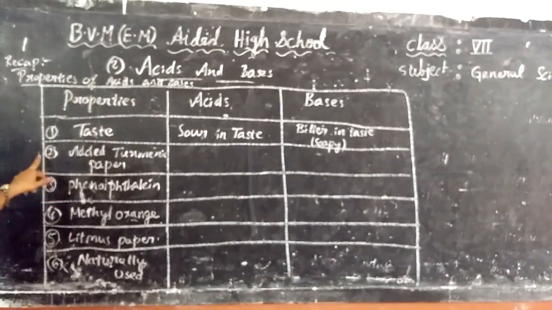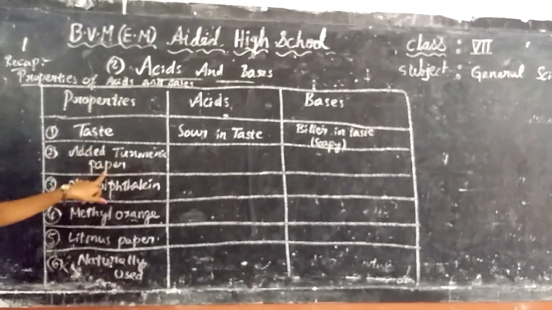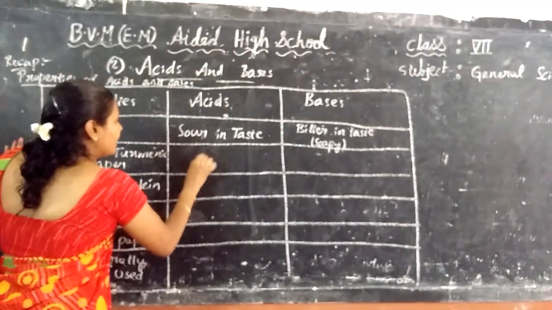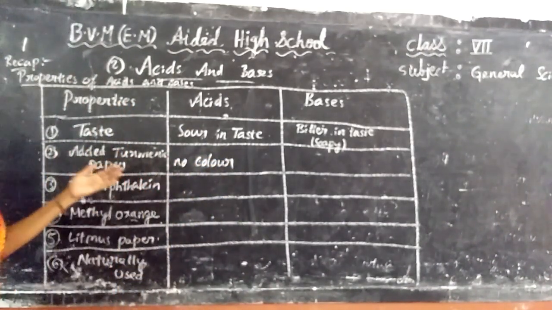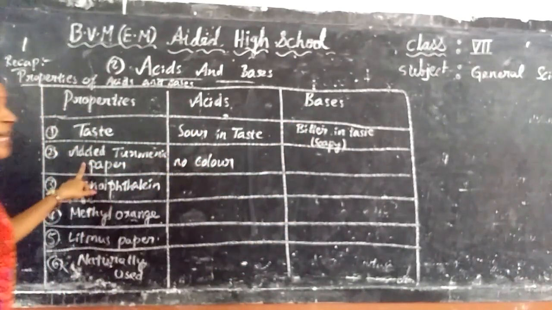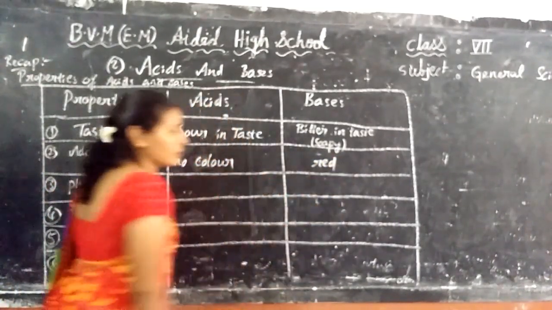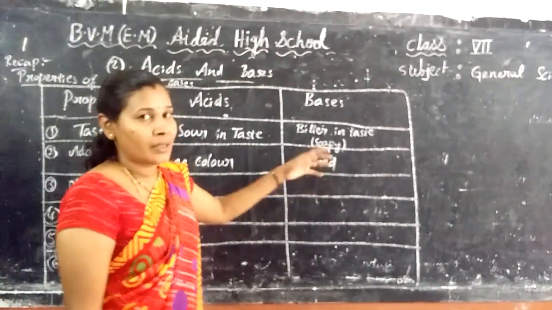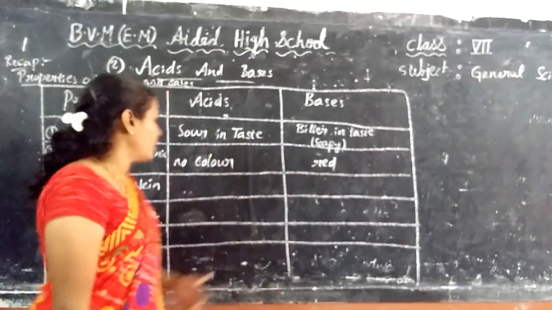And the next property: when acids are added to turmeric paper, there is no color change, it stays colorless. But when bases are added to turmeric paper, it changes to red in color. Already we have done this experiment on turmeric paper by applying soap water, which changes it to red.